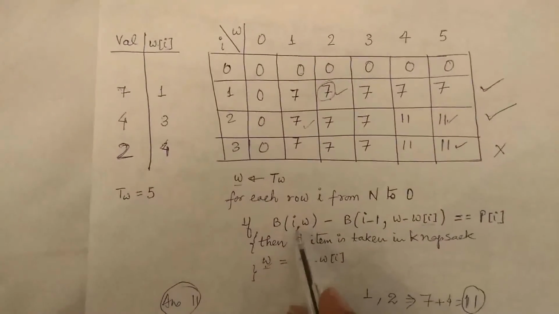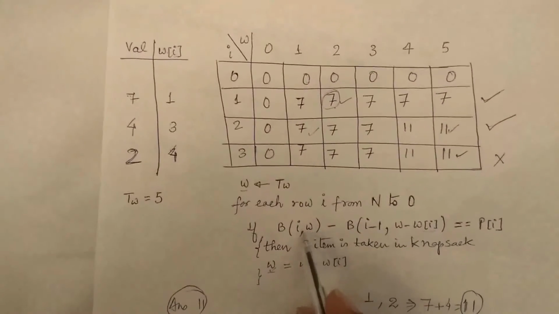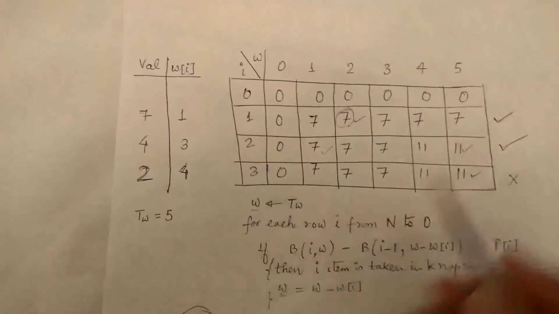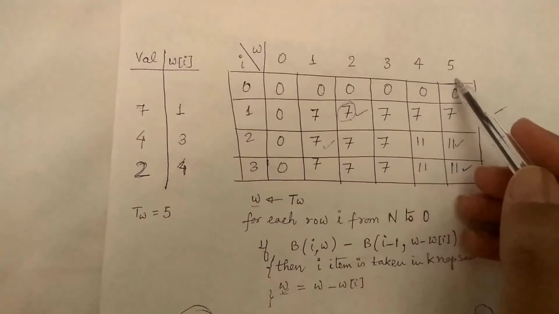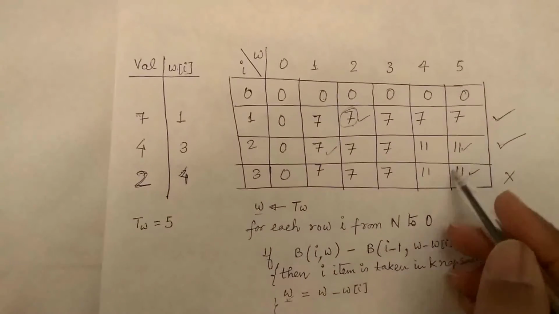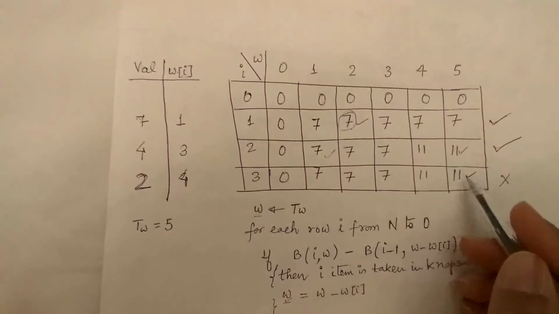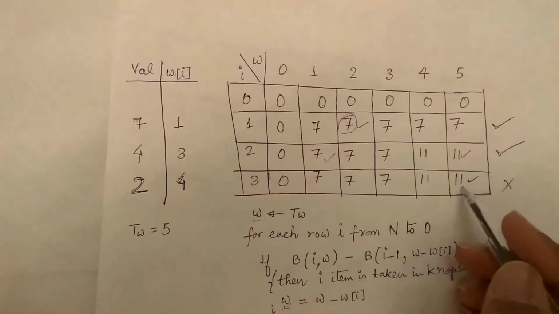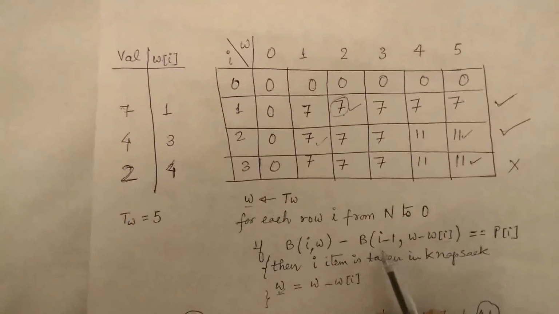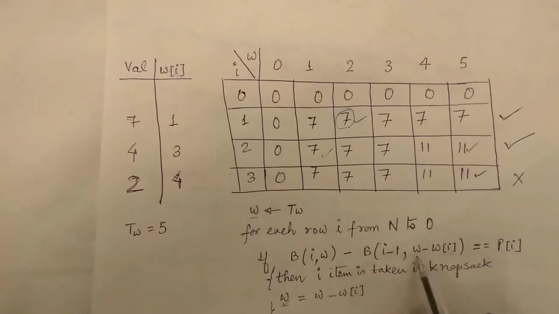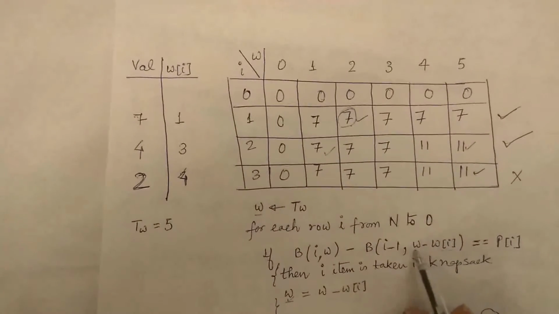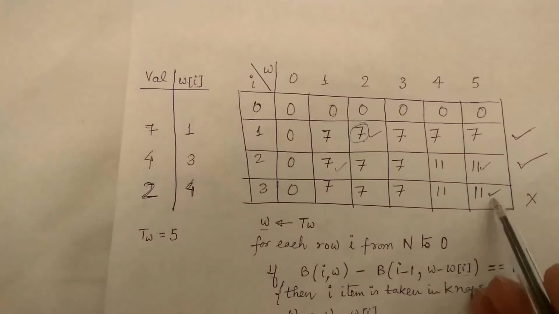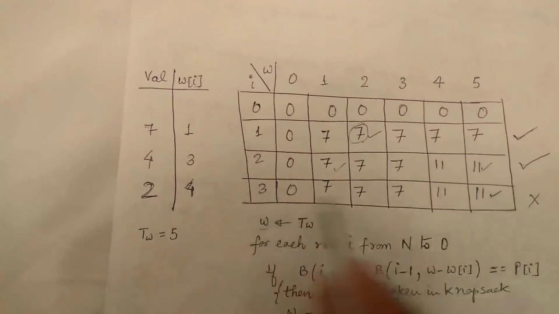Now B of I, W: we will start from the last row and this weight. What is the weight? Fifth column. So we will pick up this value 11 and we will subtract a value from this. Which value do we have to subtract? B of I minus 1 comma W minus W_I minus 1. What is W here? W here is 5, and what is W_I? W_I is the weight of the current item.